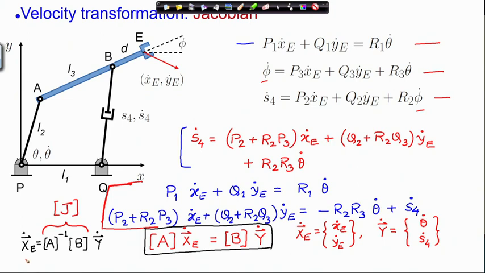So, if you write y dot as B inverse times A x e dot, then you have the inverse Jacobian.